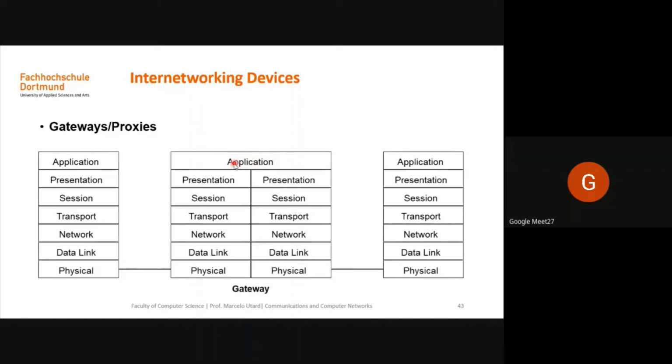That kind of internetworking device is typically used to adapt different network architectures or to implement some kind of security functions, for instance, to control the flow of information between users in a private network that need to access information across a public network like the Internet.